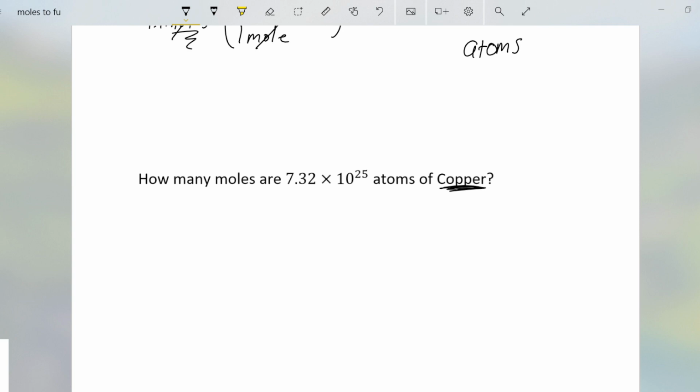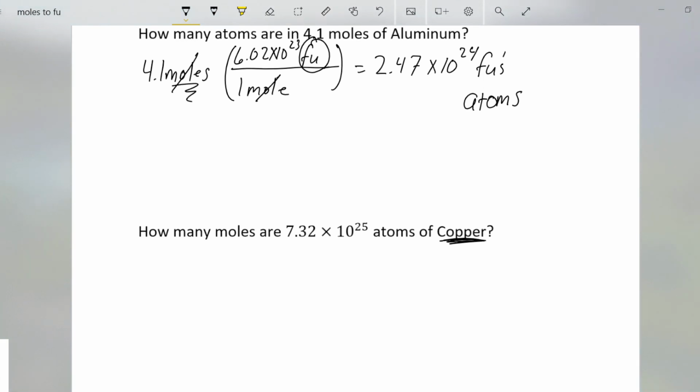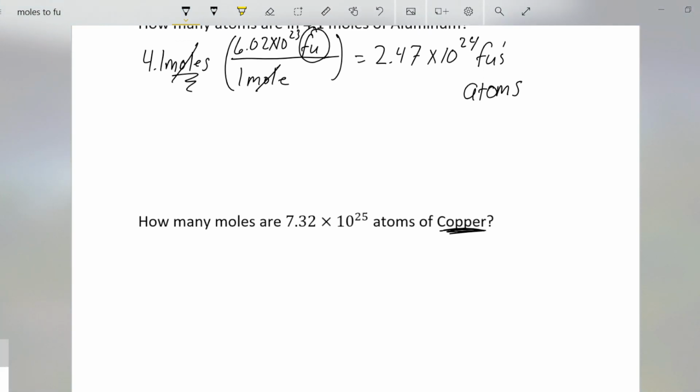So we are in FU Island, and we need to go back to Mole Island. Up here, I took my moles and multiplied by 6.02 times 10 to the 23rd divided by 1 mole. Here, I'm going in the opposite direction. So if we multiplied by 6.02 times 10 to the 23rd before, we should now divide by that same number, 6.02 times 10 to the 23rd, to get back to Mole Island from FU Island.